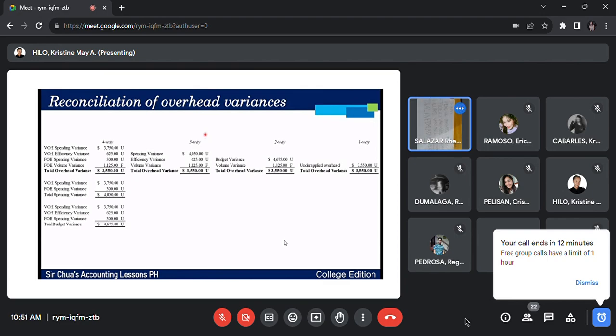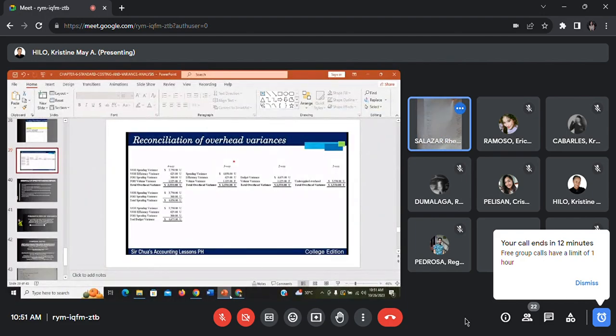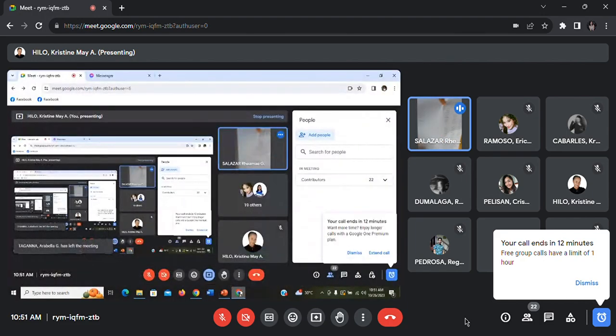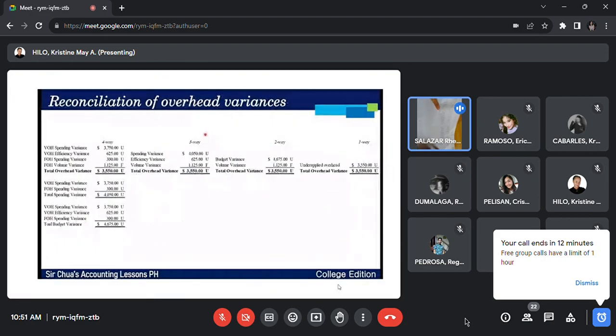Now in the three-way, our total spending variance is $4,050 unfavorable. Then the efficiency variance is 625 unfavorable.